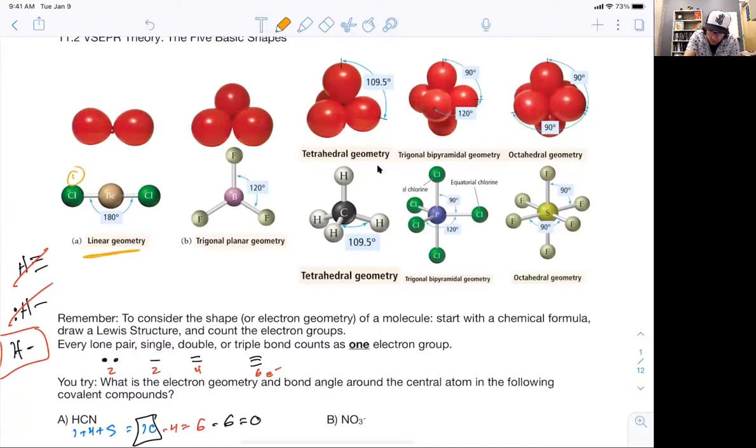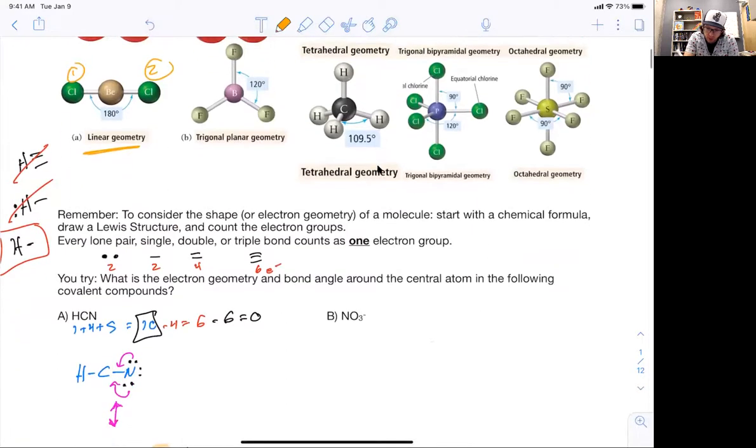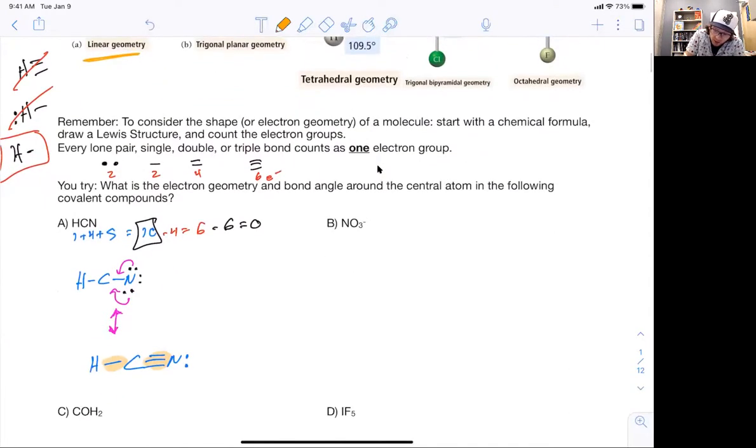We've got 2 around the central atom. So it's going to look very similar to that first balloon structure I had. HCN down here, we can make a very reasonable assumption that it's going to have a 180-degree bond angle around that central atom. So it's got an electron geometry of linear. Those are actually synonymous.